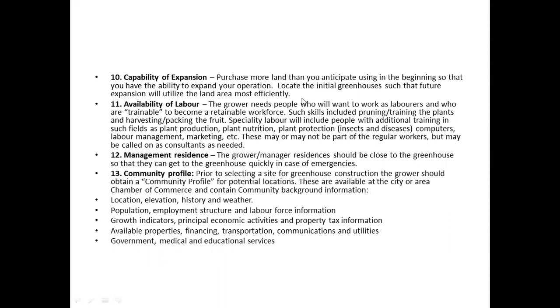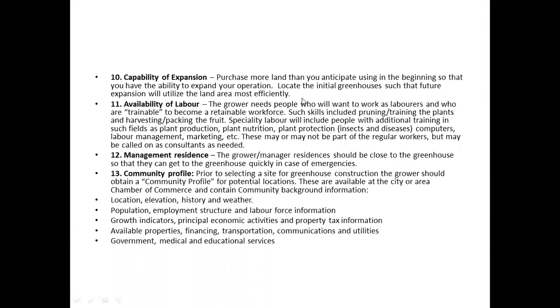These are available at the city or area chamber of commerce and contain community background information, location, elevation, history, and weather, population, employment structure, and labor force information, growth indicators, principal economic activities, property tax information, available properties, financing, transportation, communications, and utilities, government, medical, and educational services.